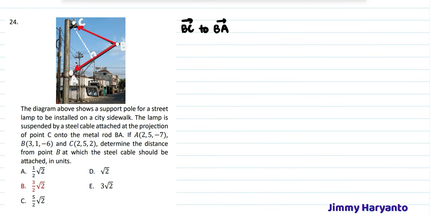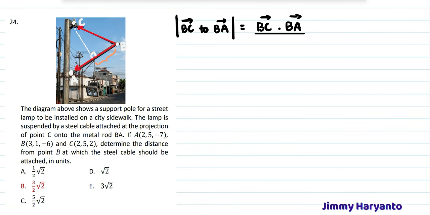Okay, so it says the distance from point B. The distance is this one, and the distance will be the length of the projection. So the length of projection equals BC dot BA over the length of BA.